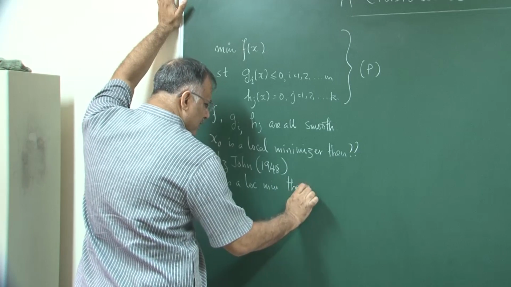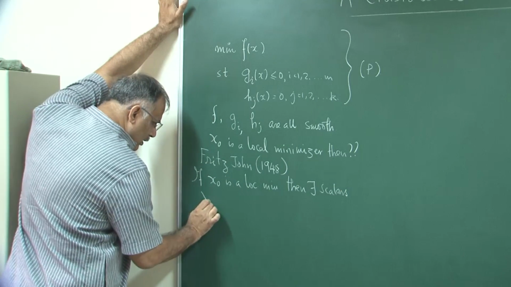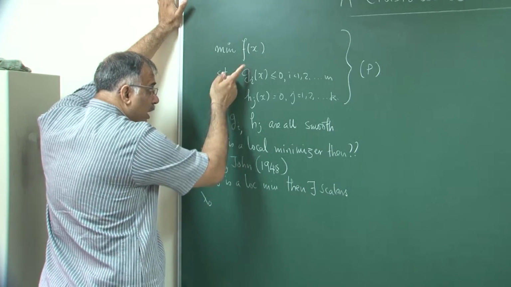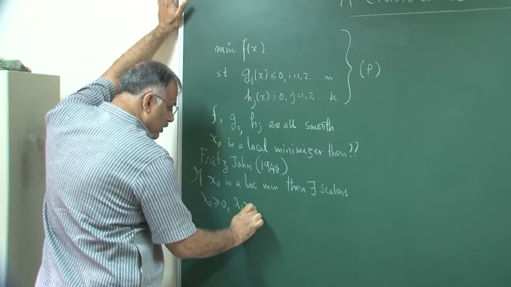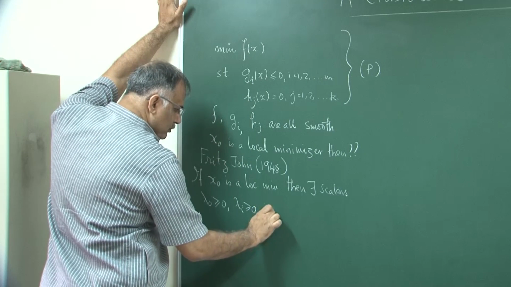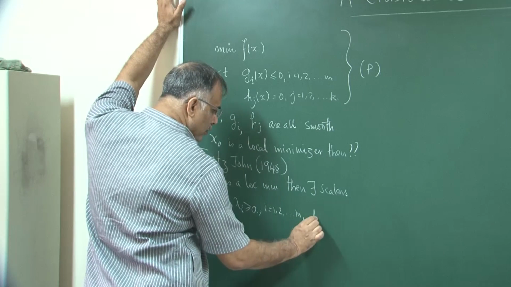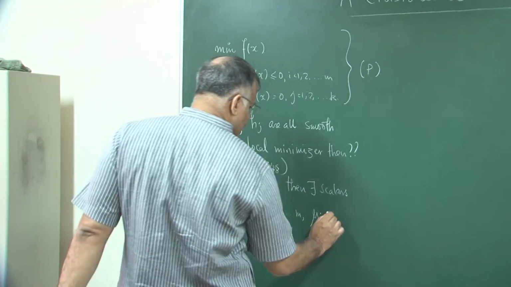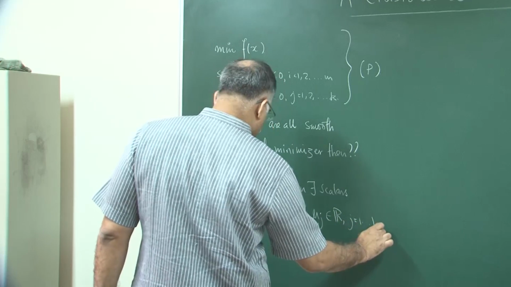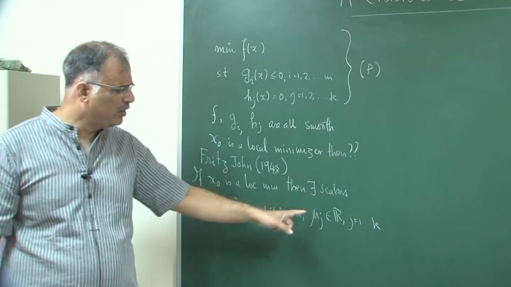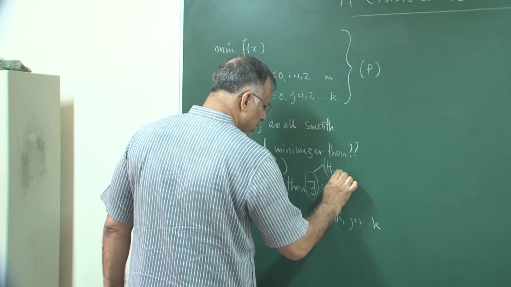Fritz John says that if x naught is a local minimizer, then there exist scalars lambda naught, which will be associated with the grad of f, greater than or equal to 0, lambda i, which will be associated with the grad of g's, and mu j's, which are just elements of R, they could have any sign. This symbol simply means there exists.